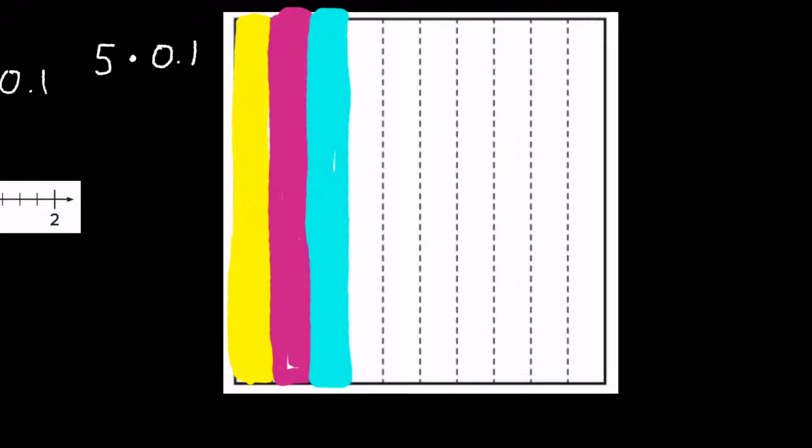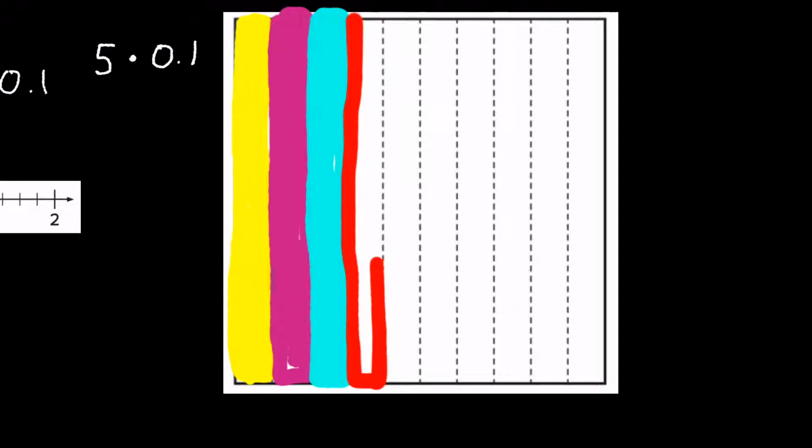Then we have a fourth group. And then lastly, we need a fifth group because we are dealing with 5 groups of 1/10, and each of these columns now is 1/10. So we need a fifth group, and here it is.